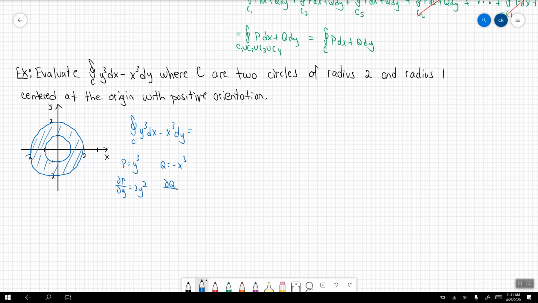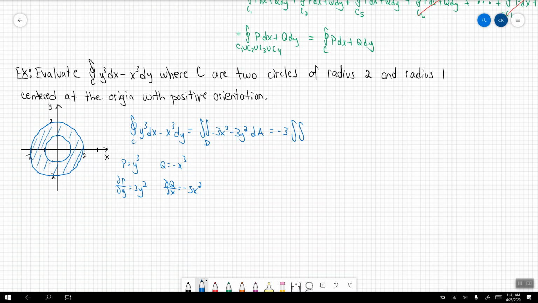The partial of q with respect to x is going to be negative 3x squared. So my double integral over this region is going to be negative 3x squared minus 3y squared dA. Negative 3 can factor out.